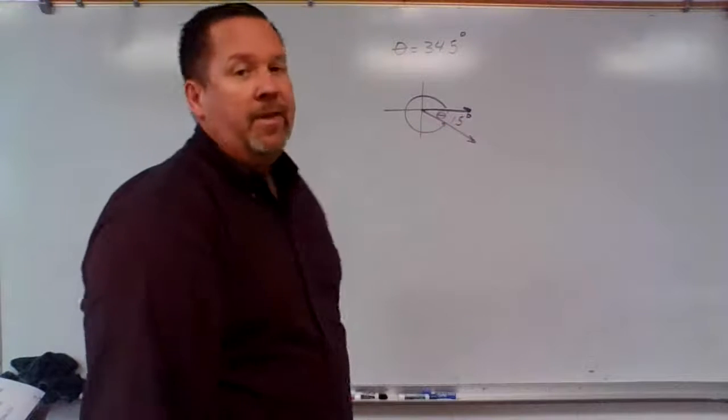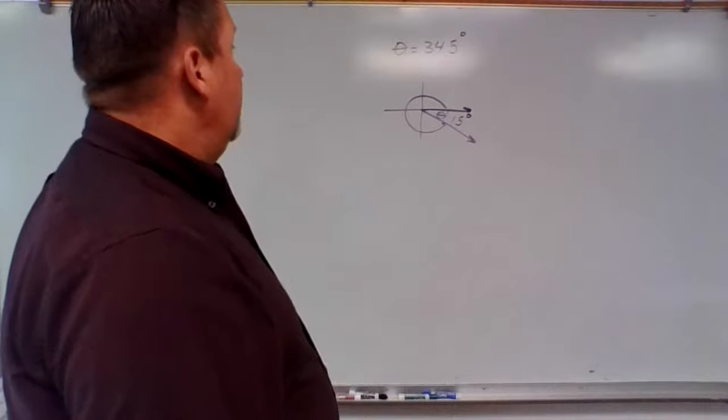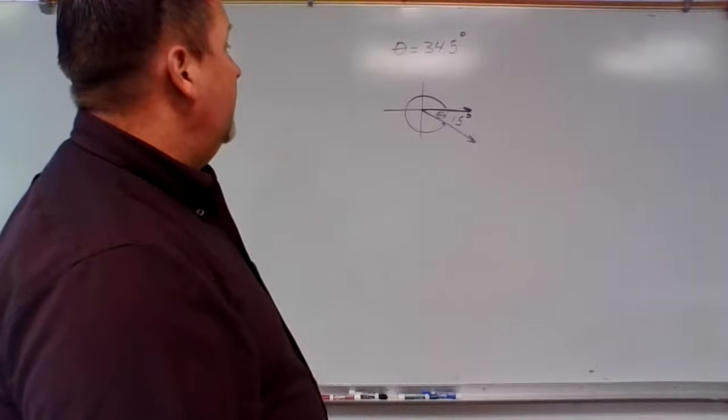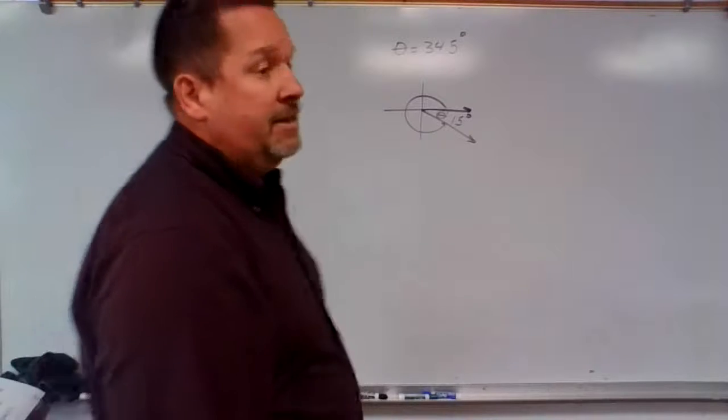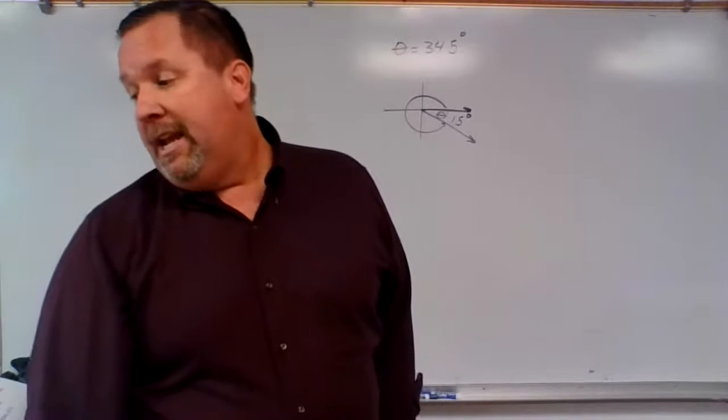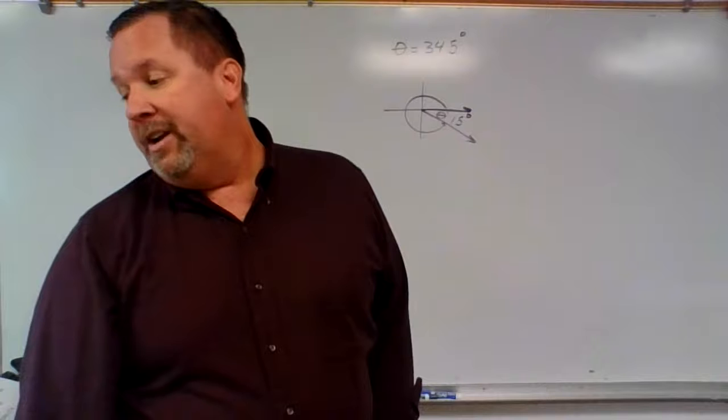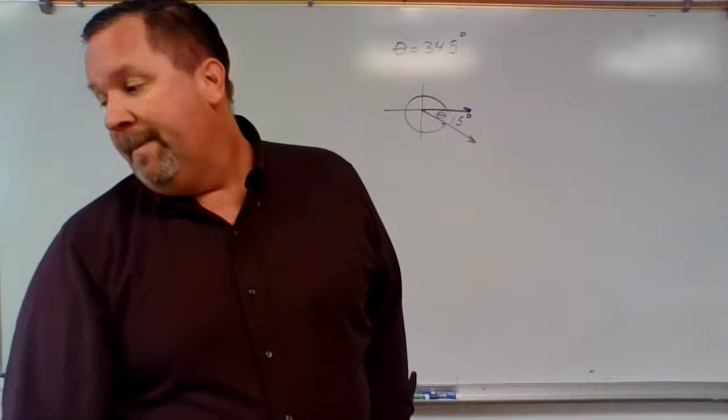Again, we just did one like that. I didn't mean to pick the same thing, but I need to know that the reference angle there is 15 degrees. Okay. B, we're going to do one in radians now.